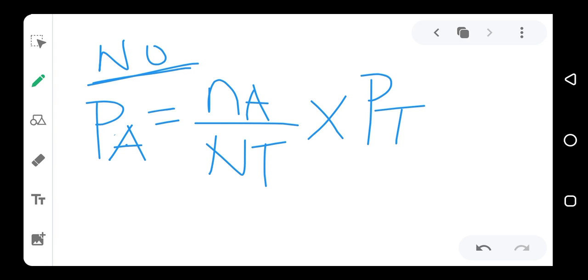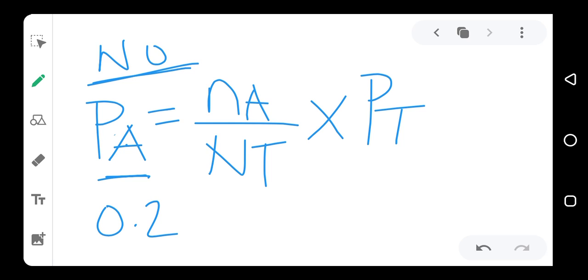Now we don't know our PA, that is for the first gas. In this case, we are given 3 gases, not numbered, not named, but we are assigning A to them. To the first one, PA is equal to Na. Na is the number of mole of gas A, which is equal to 0.2. Nt, we don't know our Nt.